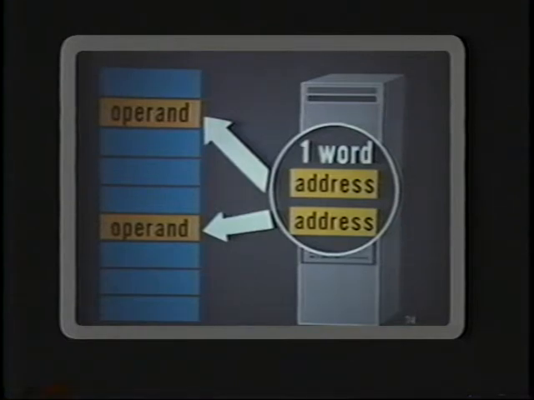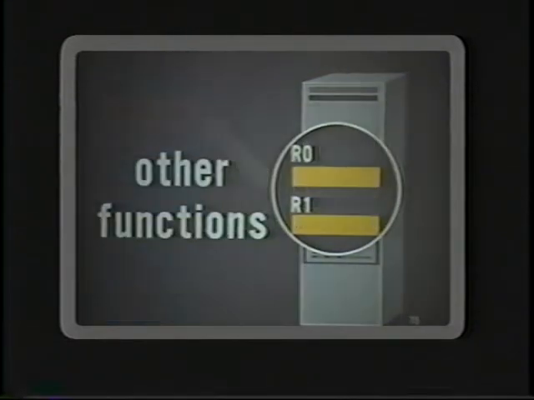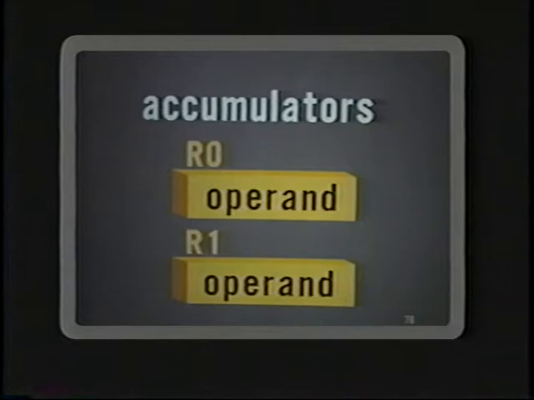Because each register holds 1 complete word, it can usually accommodate enough address bits to directly address any memory location. Sometimes these registers are used for other functions besides addressing operands. For example, the registers may also be used as accumulators. This allows the central processor to operate directly on data without accessing memory.